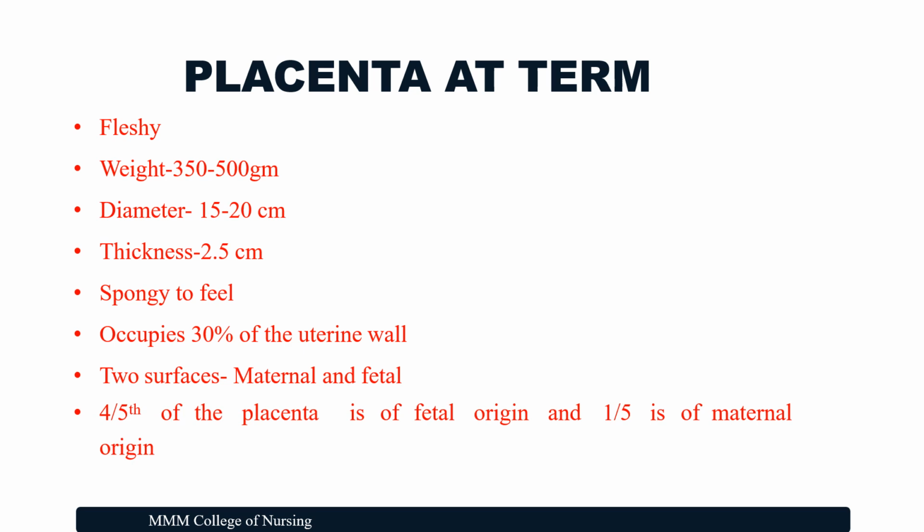The proportion of the weight of the baby being roughly 1:6 at term and occupies about 30% of the uterine wall. It presents two surfaces, that is a fetal and maternal, and a peripheral margin. 4 by 5th of the placenta is of fetal origin and 1 by 5th is of maternal origin.